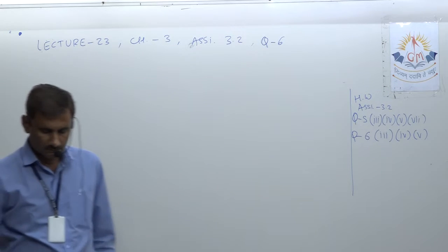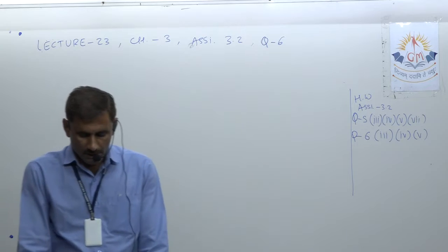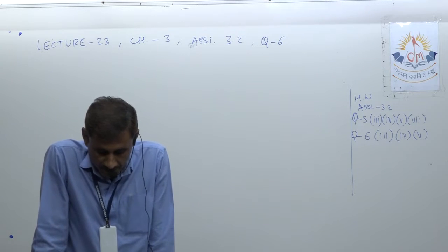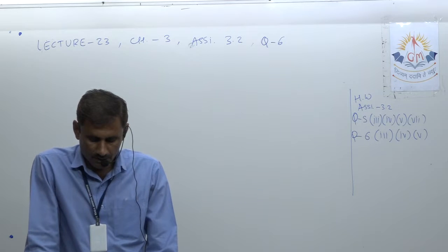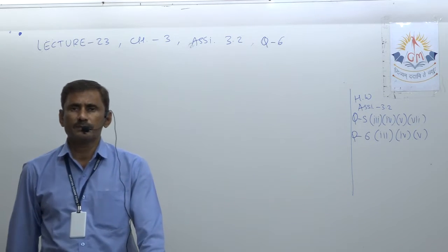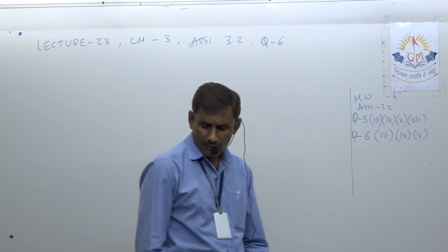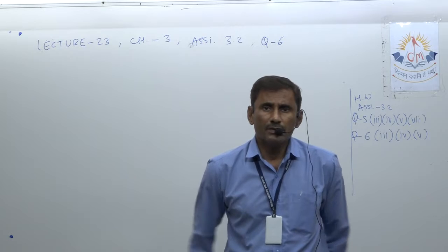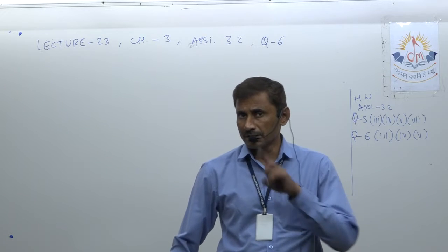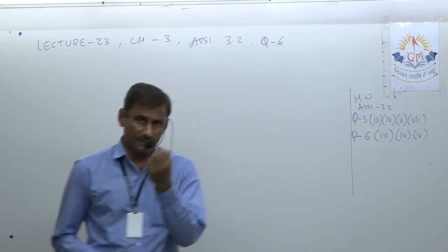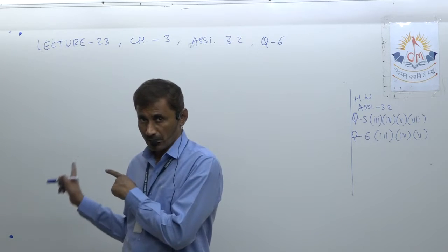Find the smallest number by which each of the following numbers must be multiplied so that the product becomes a perfect square. Whenever this type of sum is there, by what number should be multiplied or divided, you have to follow the prime factorization method only. If what should be added or subtracted is there, then you apply the long division method.